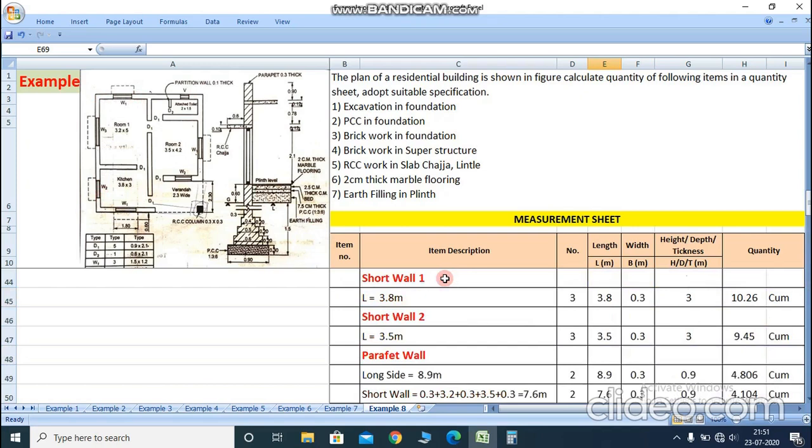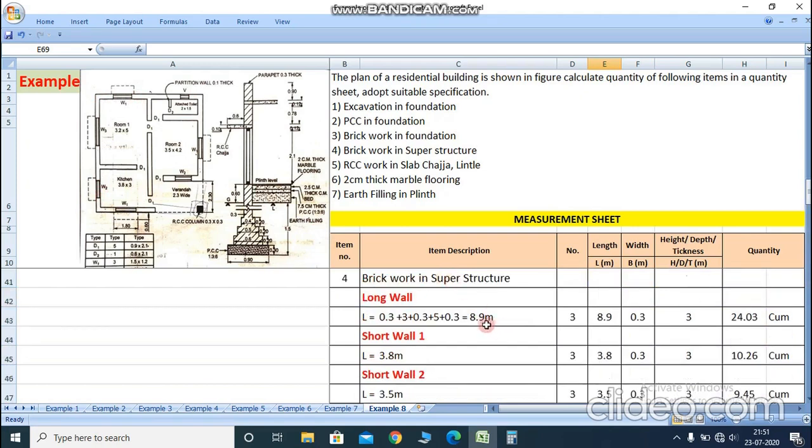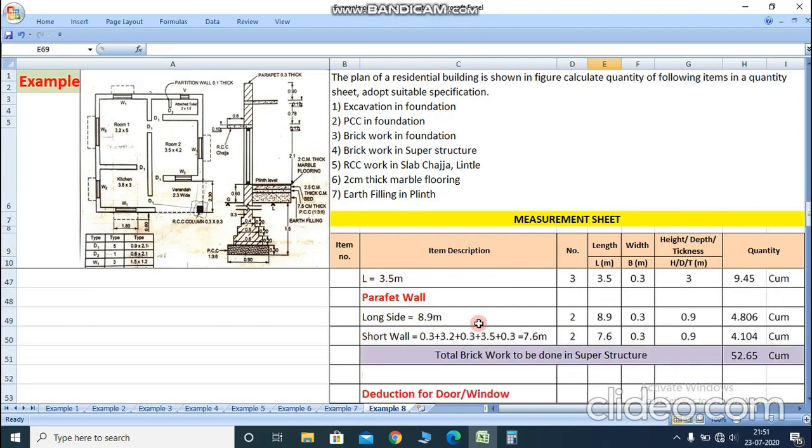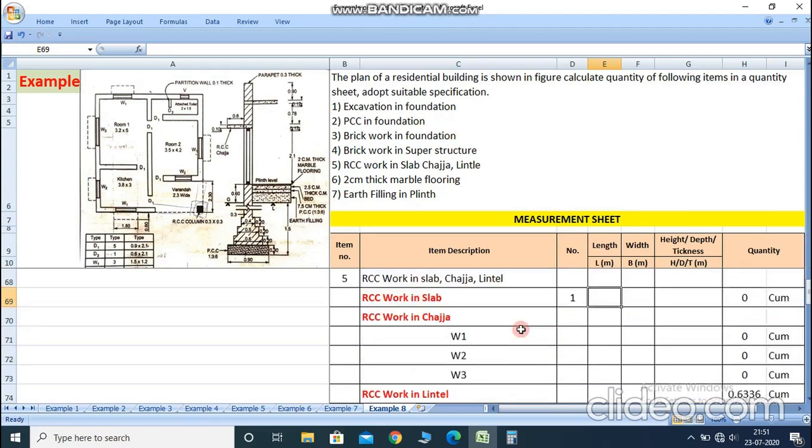The length of the long side is 8.9 meter and the width is 7.6, and the thickness of the slab, 0.12, is given in the section part. So here 8.1168 cubic meter is the final answer of the RCC work in slab.